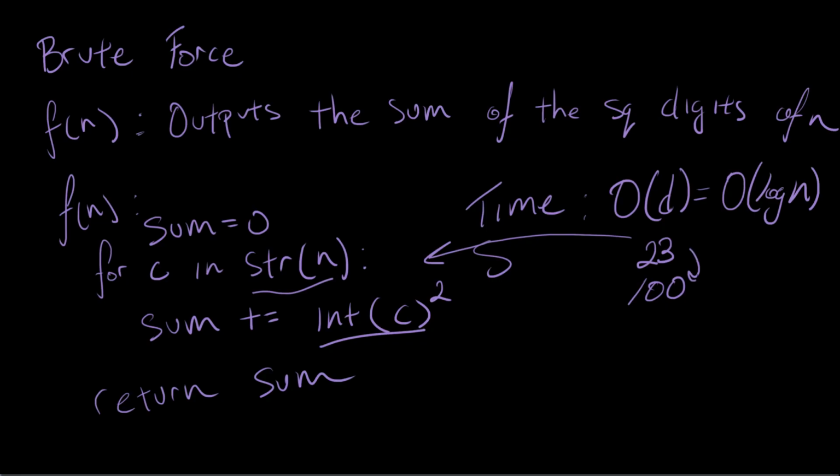Let me just be a little explicit here. This runs 2 times. This runs 3 times. In order to run 4 times, we'd have to go above 1,000, which runs 4 times. Every time it increases by roughly 10.